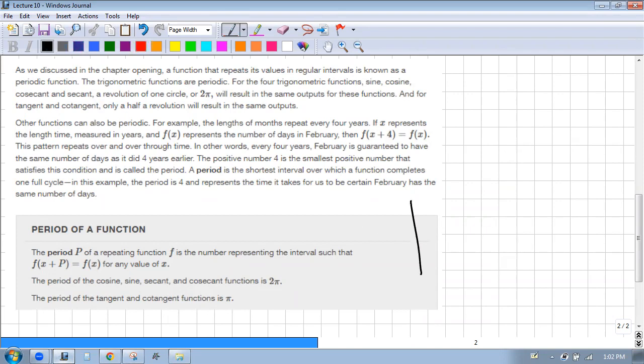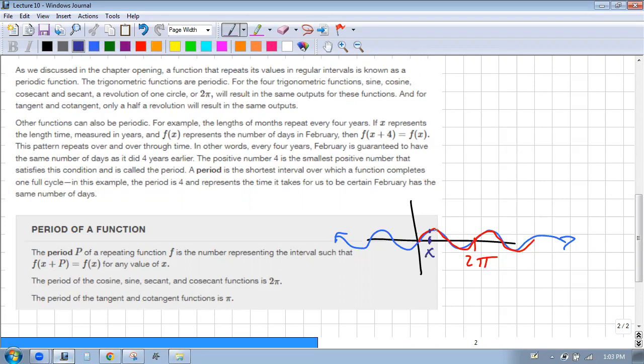So let's say you graph it. Let's say you have something like this. It just goes on forever and ever, and it's perfectly symmetrical. In this case, I'm going to call this 2 pi just for fun. So you can see that this function from here to here just repeats itself over and over again. In fact, give me any x, like right here.